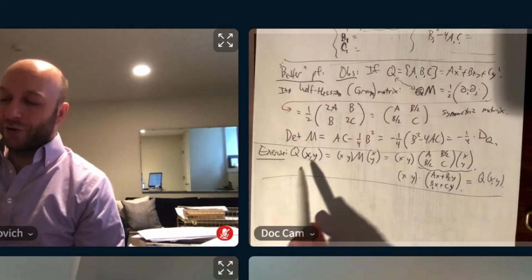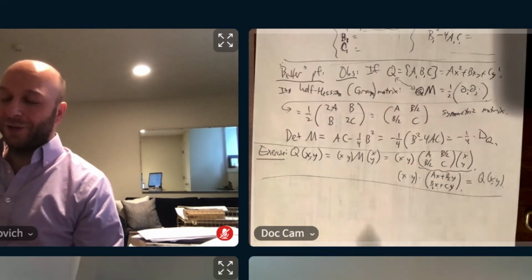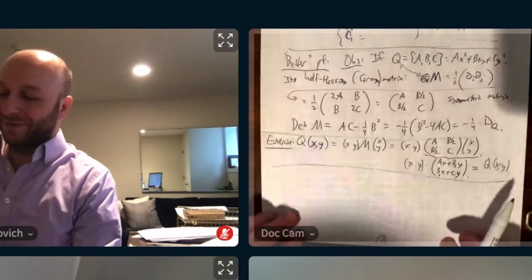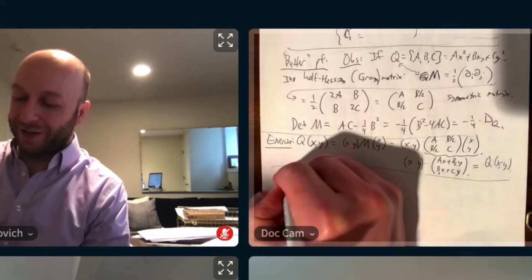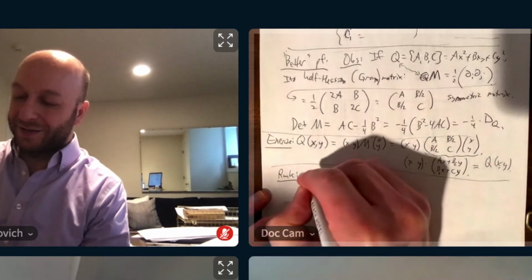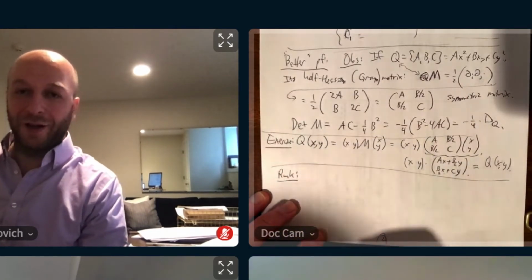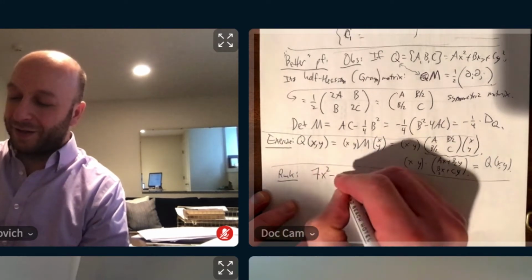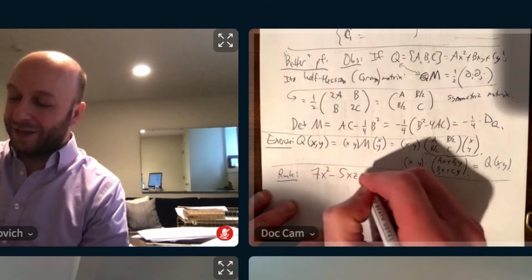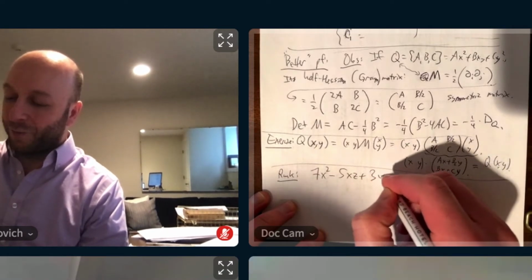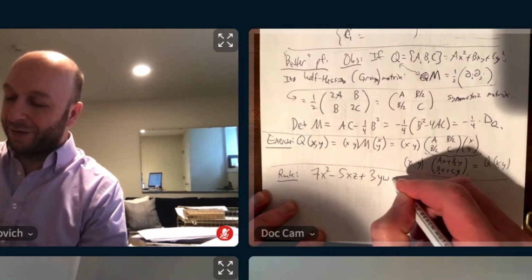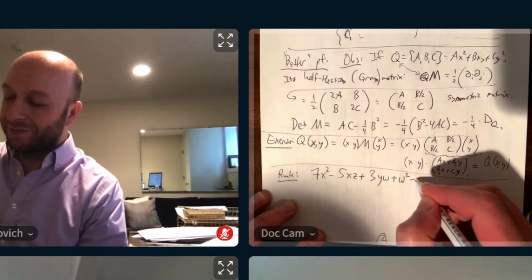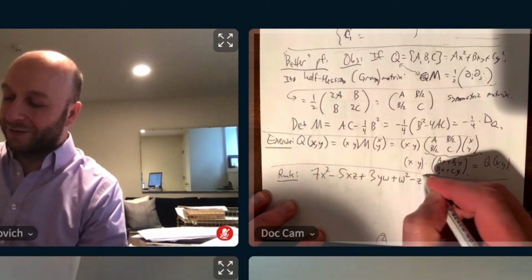A quadratic form, you can take any quadratic form. Let me say remark, this is a general fact. Here's a quadratic form in 4 variables: 7x squared minus 5xz plus 3yw minus w squared minus z squared.